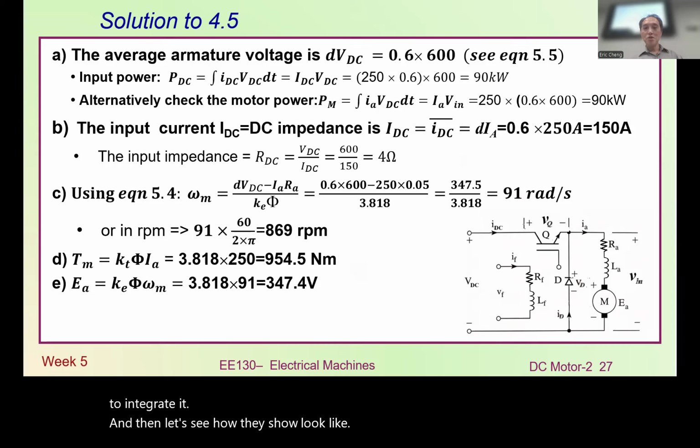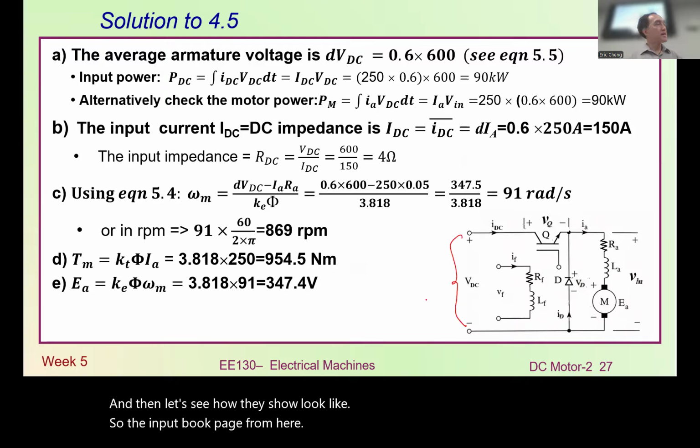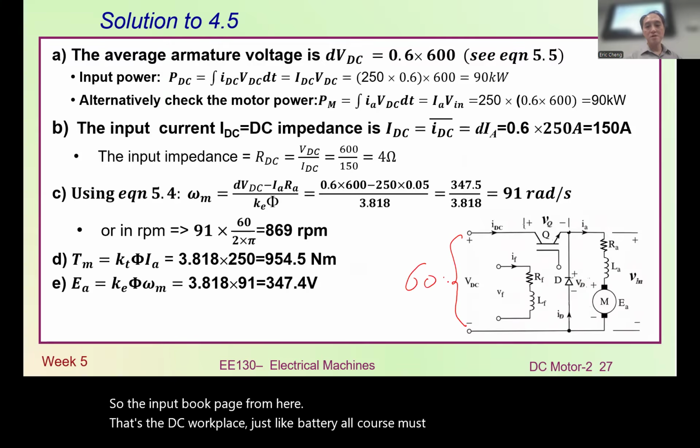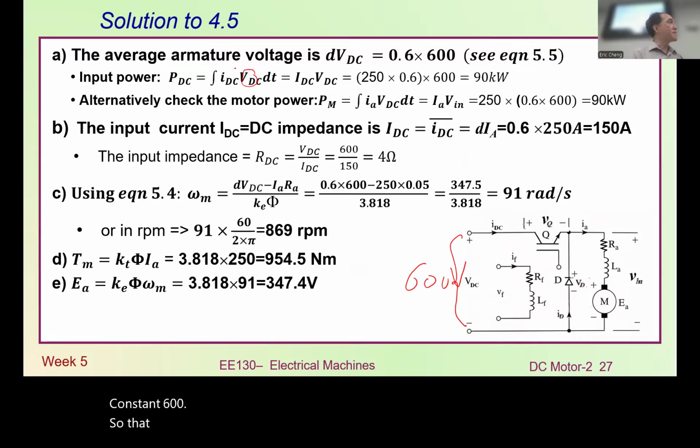So the input voltage from here is a DC voltage, just like a battery. Of course, it must be 600, constant 600. So this term is a DC constant, 600.